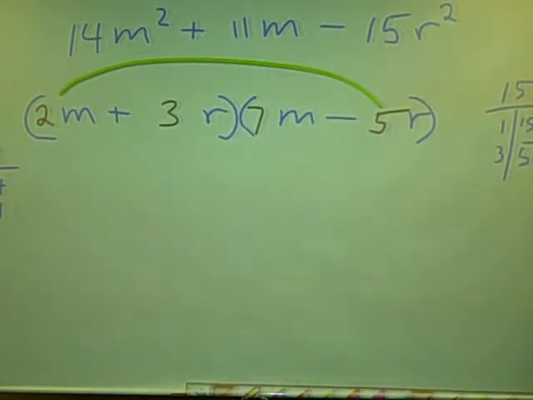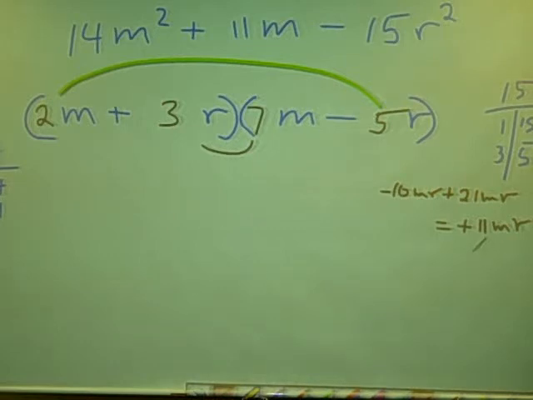What do we get? Do we stop here? Or do we have to do something? We have to check it, absolutely, especially one of these. So let's see, this would be negative 10mr, and plus 21mr. That's going to give us a plus 11mr.